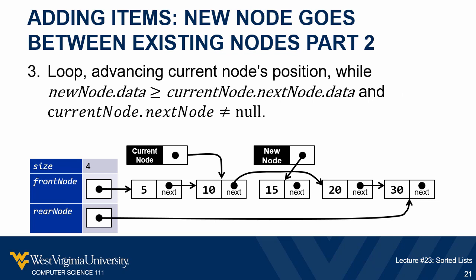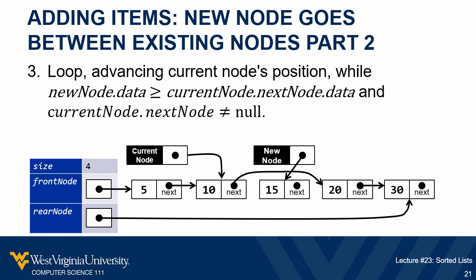I'm going to use a while loop to advance the current node pointer down the nodes in my chain until I find the node that will be immediately before the new one that I need to insert. What I'm going to do for my while loop is advance the position of current node while two things are true.